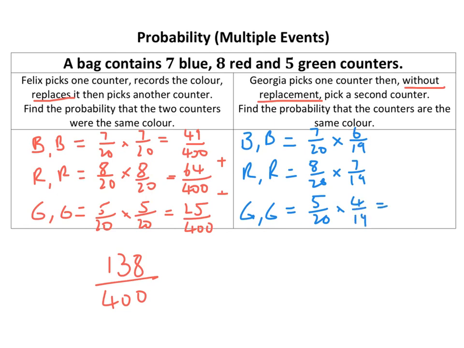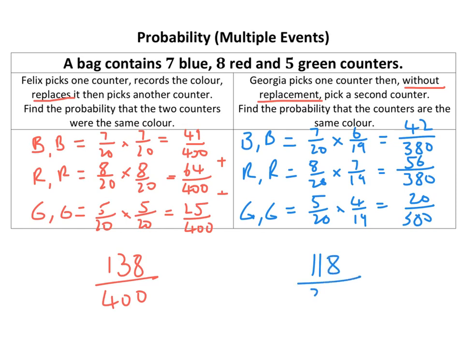So this time, the denominator is going to be 380 in each case, so that's going to be 42/380ths, 56/380ths, and 20/380ths. Now when you add them up, you end up with 118/380ths. Again, I wouldn't bother simplifying.